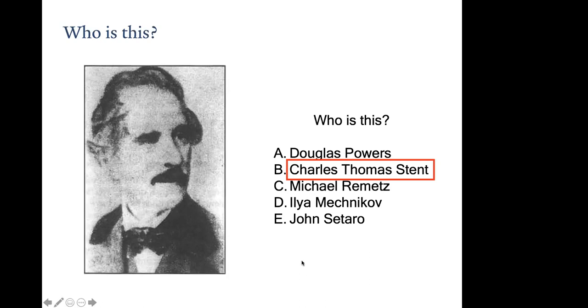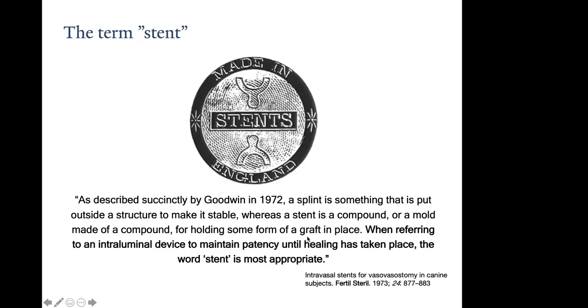Then in the urological literature, this is the first use of the medical term stent, when talking about keeping ureters open. When referring to an intraluminal device to maintain patency until healing has taken place, the word stent is most appropriate. And that set the stage for the word stent as we use it now.